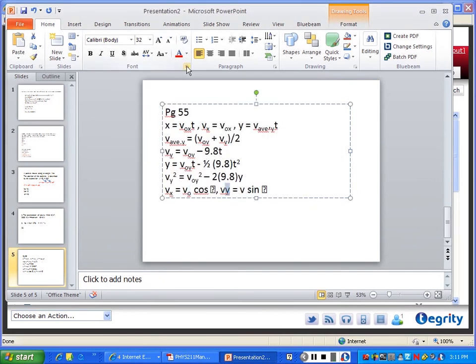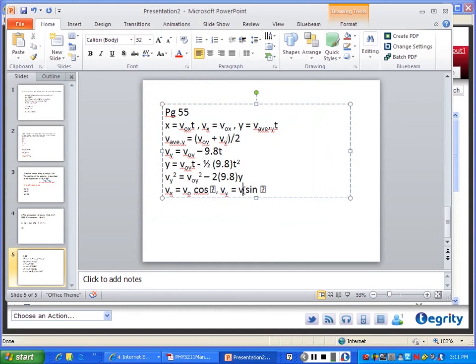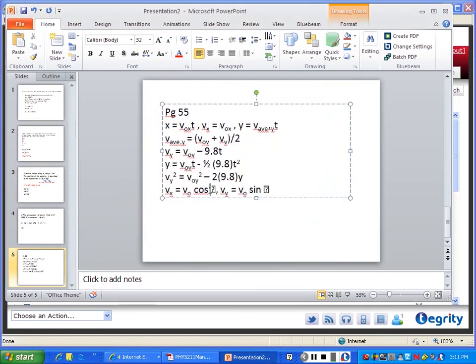And of course, trying to put a symbol in here that is the theta for the angle, and the program doesn't like that.